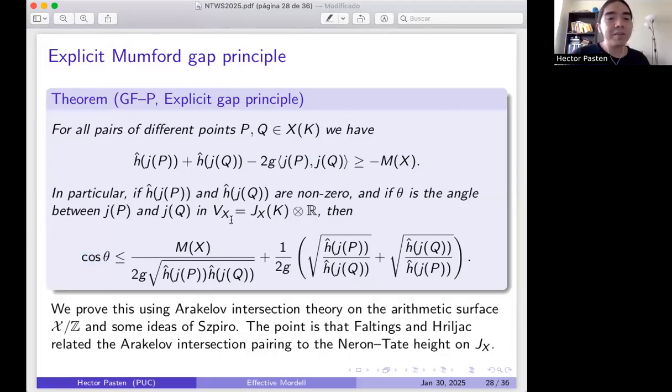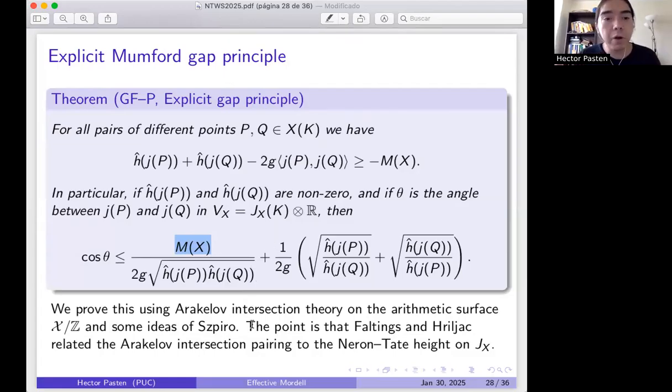So I was saying that this inequality at the end is telling you an upper bound for the cosine of the angle separating the points. Now there is this m here. If it were not for this m, this is a theorem of Mumford. Now, the theorem of Mumford had some error term that's not precise, and several authors for different purposes made this term more precise, but it was not enough for our purposes.